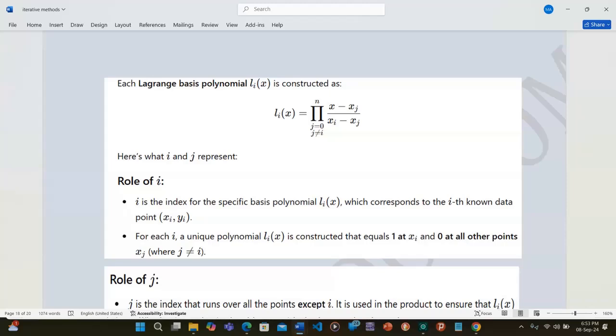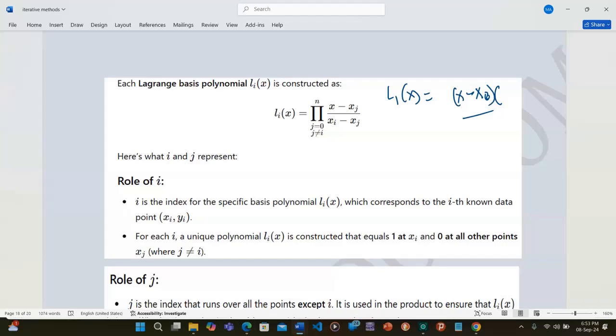So if I'm looking for L1, that is i equal to 1, or i equal to 0 for the first node. Where i is equal to j, you ignore that.